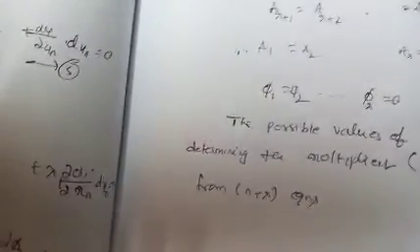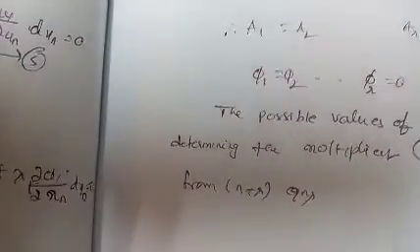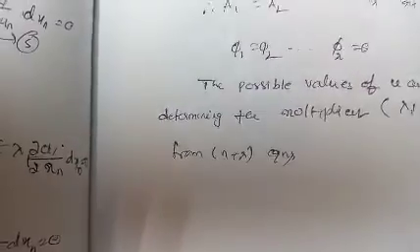So this is the procedure of Lagrange's method of undetermined multipliers.